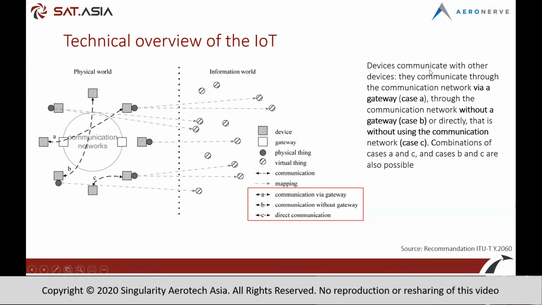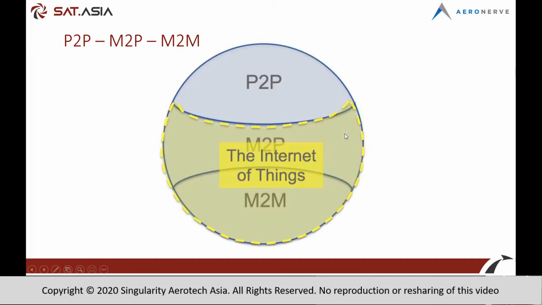Case B is where the device connects to another device through the gateway. Case C is a device connecting to another device without going through the network, without going through the gateway just now. So all these are the technical overview of IoT.